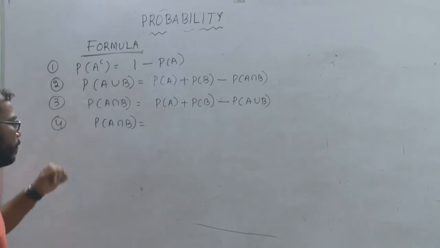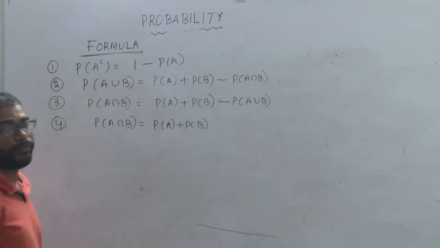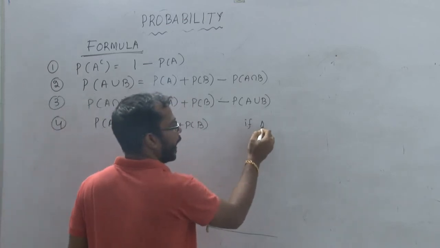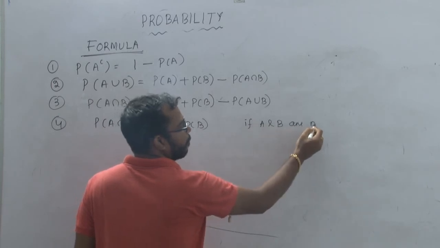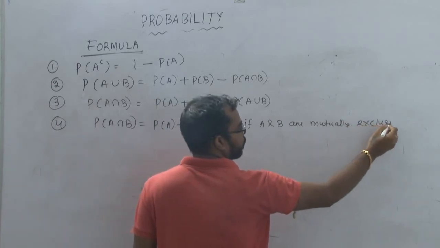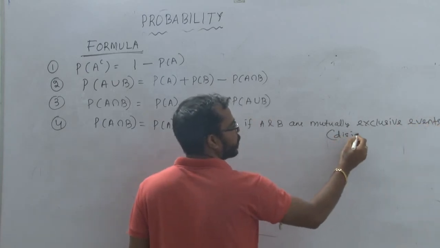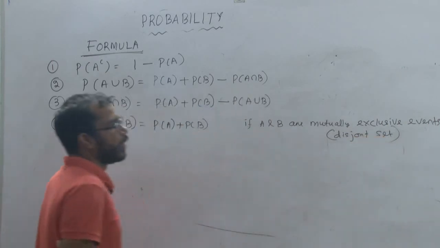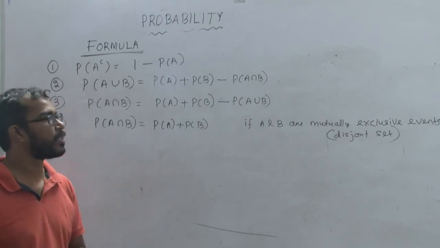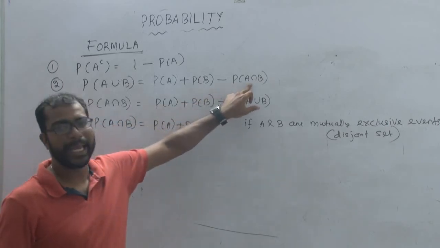Next, formula number 4, that is the probability of A intersection B. The probability of A union B is equal to P of A plus P of B, but there is a condition: if A and B are mutually exclusive events, or in other words a disjoint set.